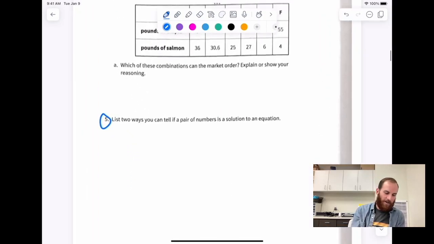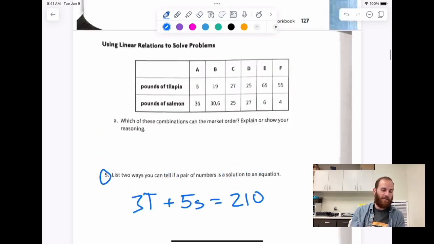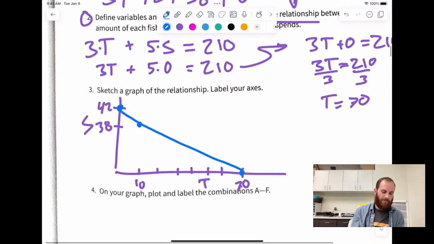All right, so we've got our equation, 3t, so capital T, plus 5s equals 210. 2 ways you can tell a pair of numbers is a solution to an equation. Number 1, if it's on the graph. Look at this graph.